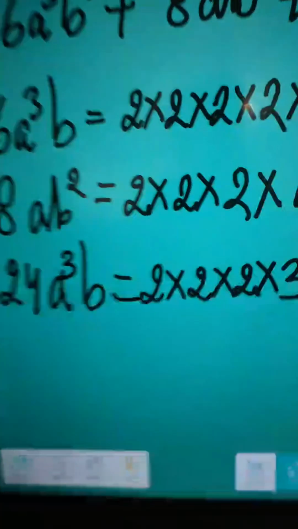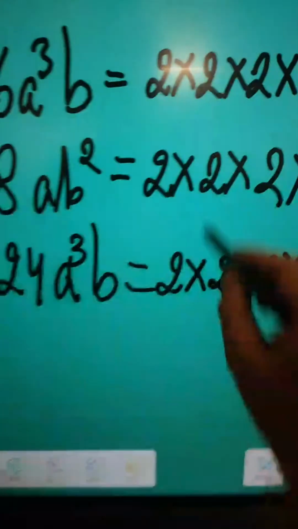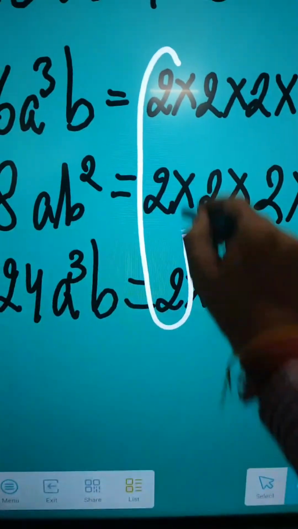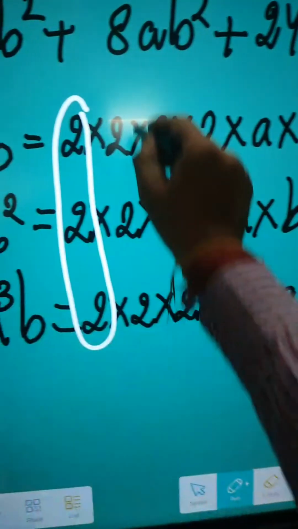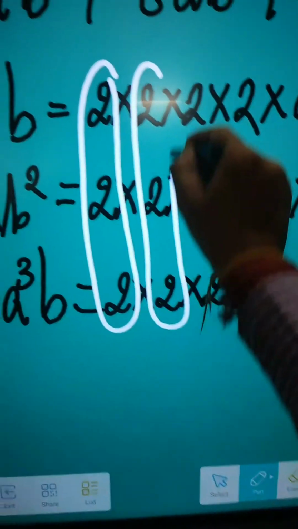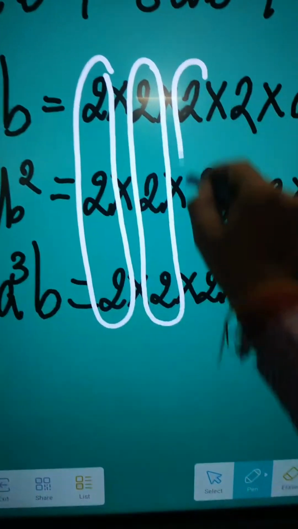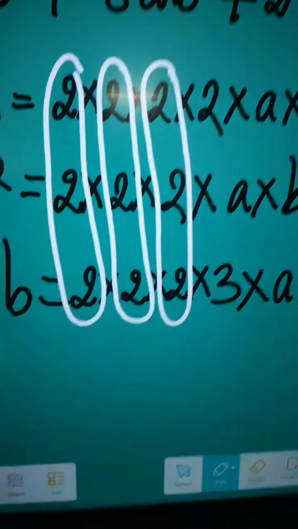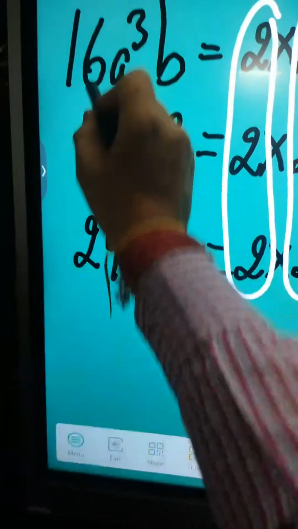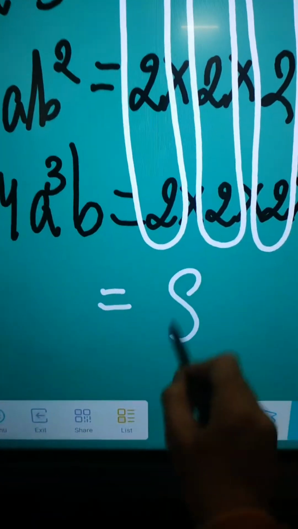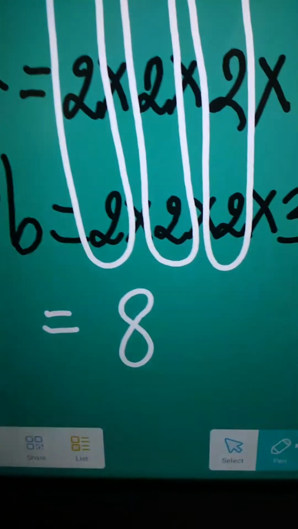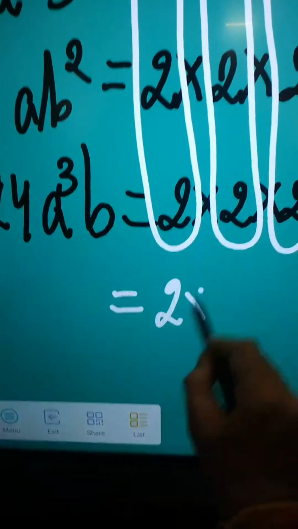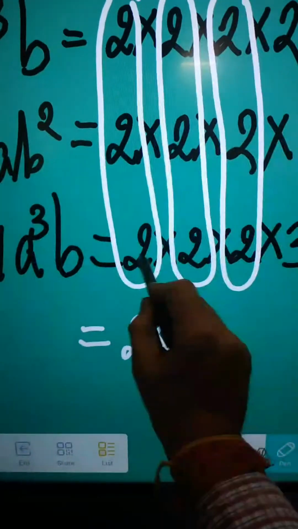Now you will find the common factors. So what is common? This 2 is common, then this 2 is also common, this 2 is also common, and now the 3 is not common. So what is the HCF of 16, 8 and 24? It is 8, which is 2 into 2 into 2, 3 times 2 has come.